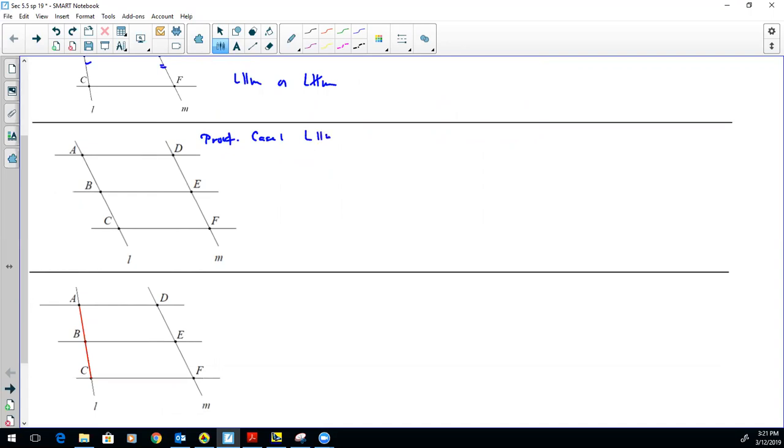L and M are parallel. Okay, this is pretty easy. And again, I'm not going to do a two-column proof. I'm just going to talk my way through this. L and M are parallel. This means that ABED is a parallelogram.